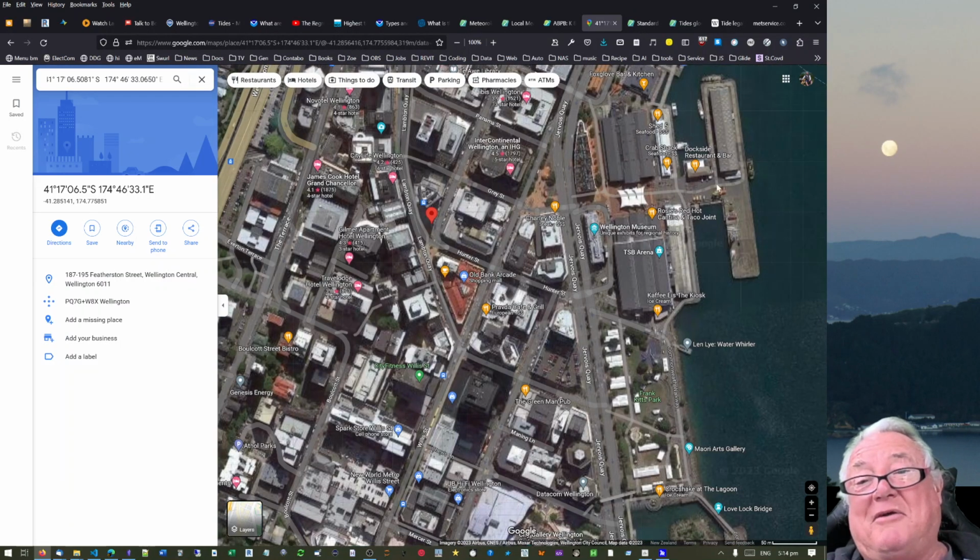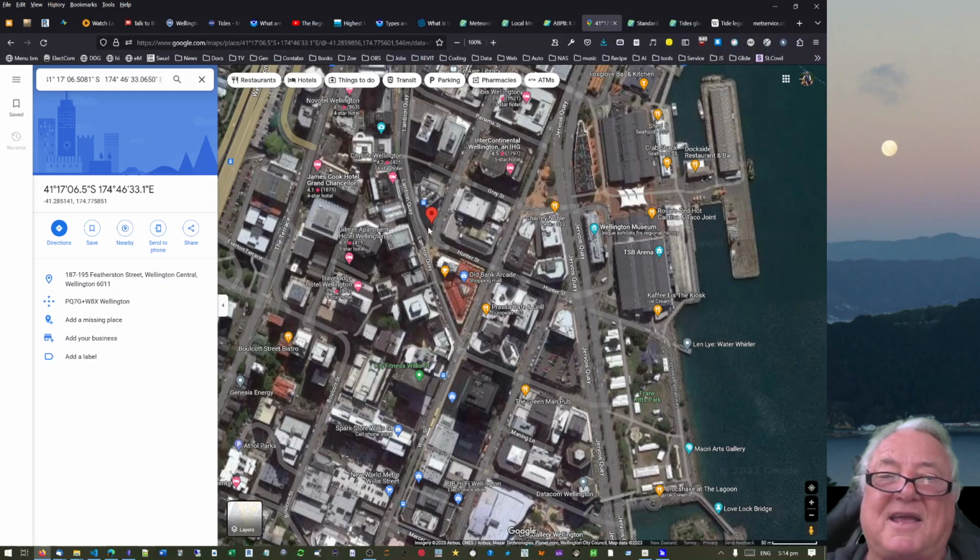But when we look at where it is compared to where the coast is, it's miles away from the water. Although Lambton Quay was the original coast when the settlers first came over here in the early 1800s or whenever they came. So I suppose they're trying to put it on rock, not on reclaimed land, so that it's not going to settle much from that point of view.